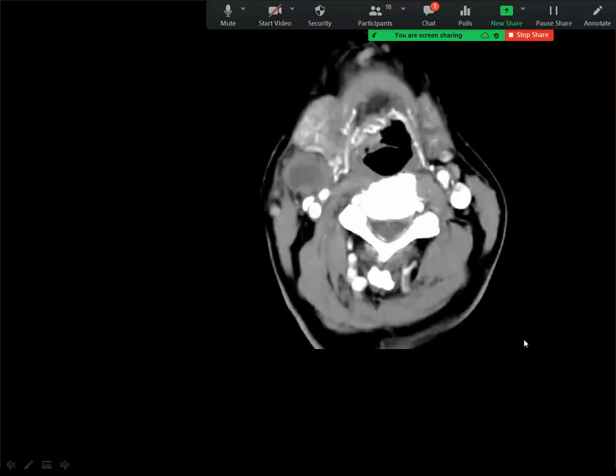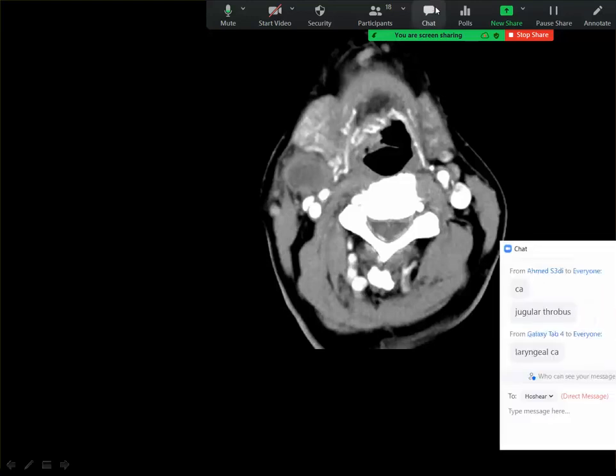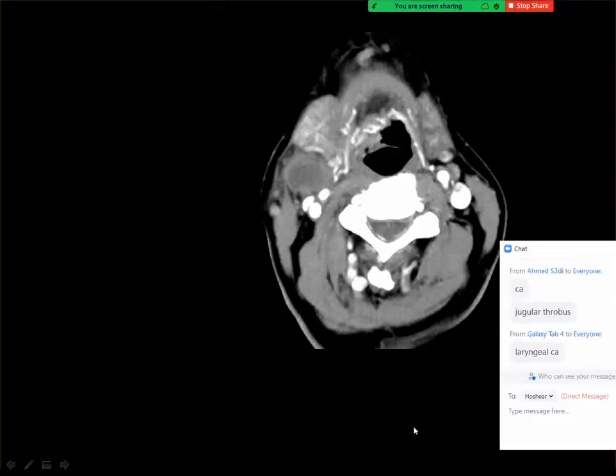Then this patient with this lesion, and this lesion is not a second branchial cleft cyst because it is not a cyst actually. It looks like a mass with central breakdown.